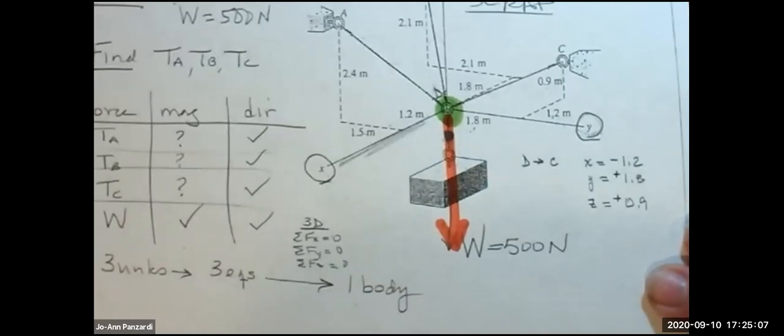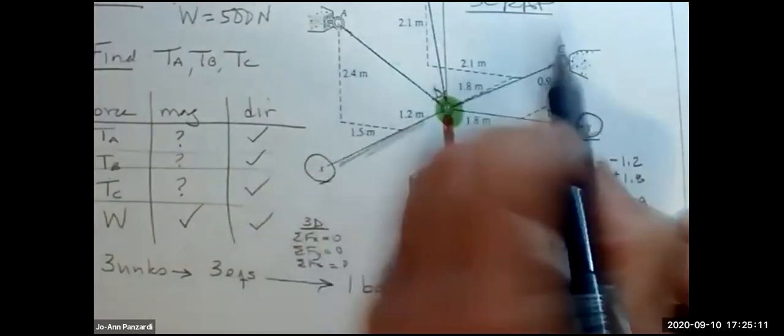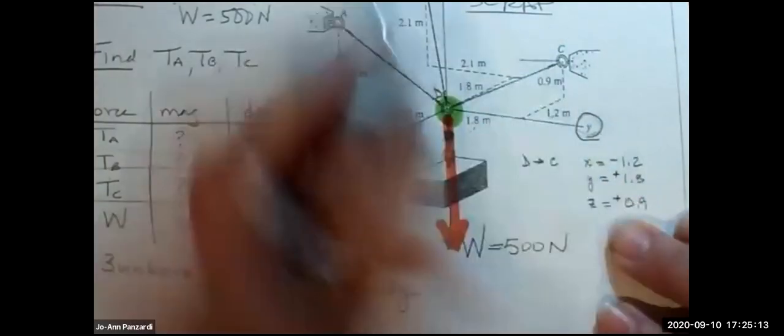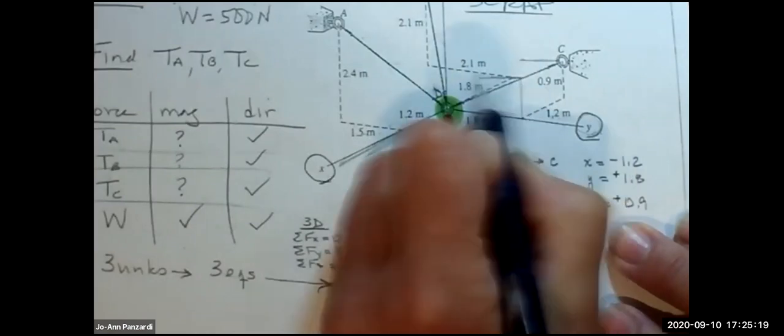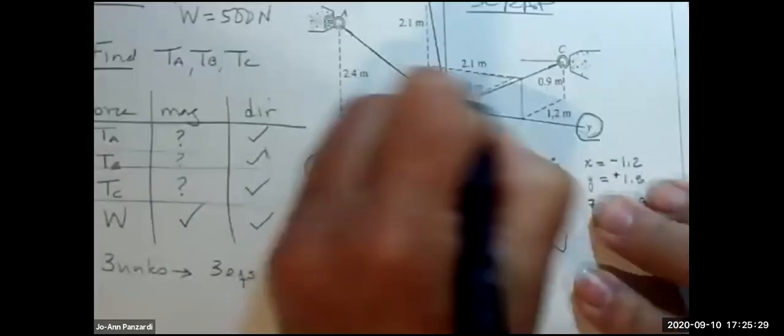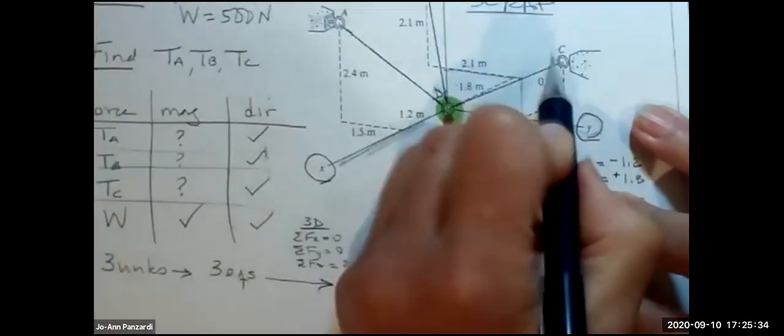Now what I'm going to do is what we would have done in graphics. You could use your parallel ruler to help with those lines, but I'm going to do it without because not everybody has one.